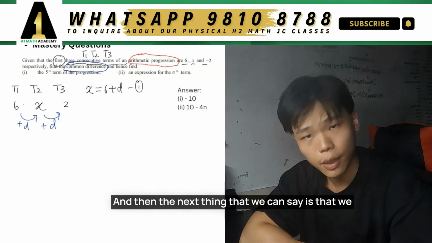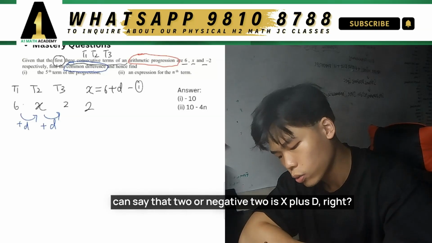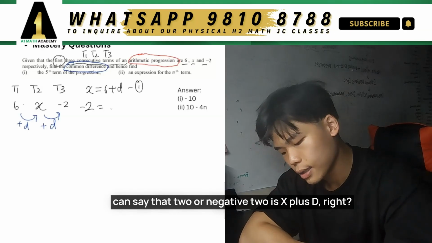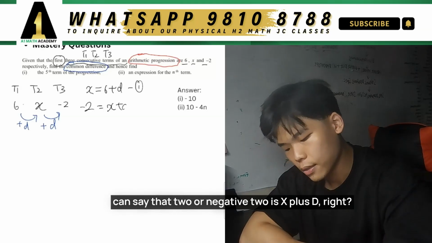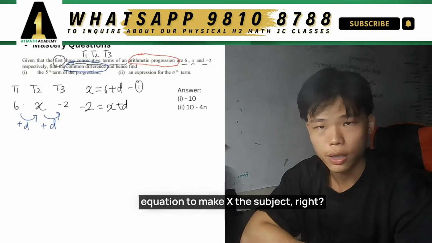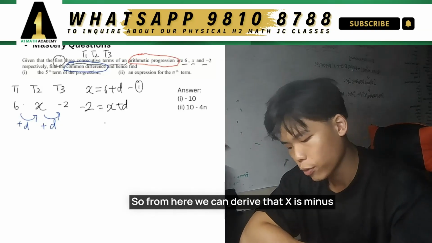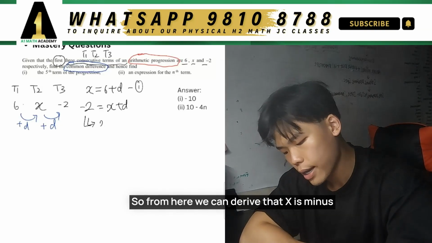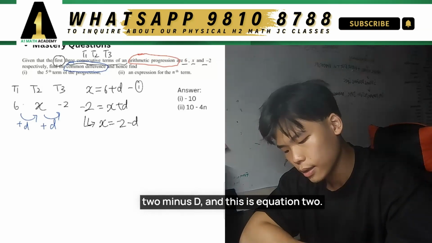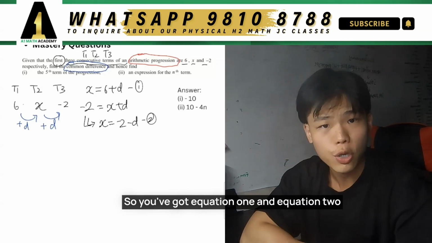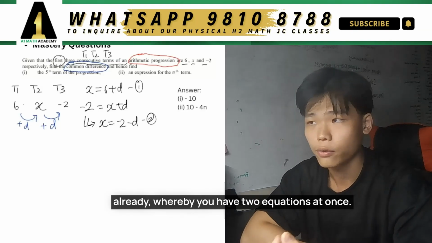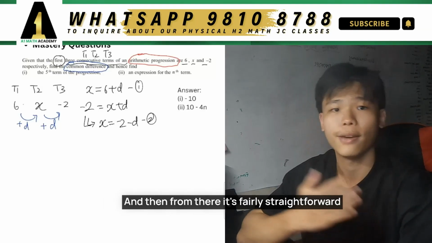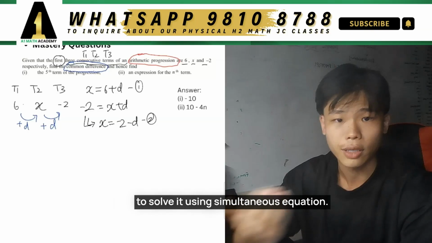And then negative 2 is x plus d. From here, we can rearrange the equation to make x the subject, so x is negative 2 minus d, and this is equation 2. So you have 2 equations and 2 unknowns, and it's fairly straightforward to solve using simultaneous equations.